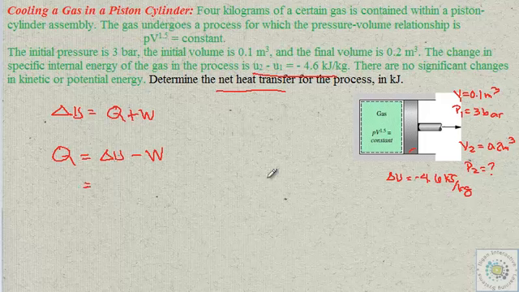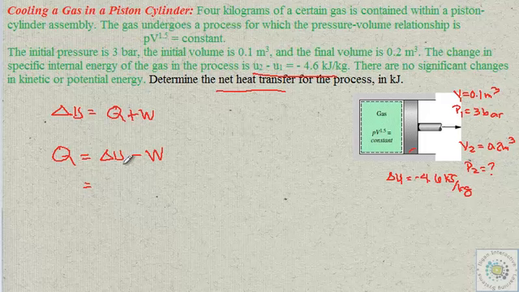Delta U here is given as negative 4.6 kilojoule per kilogram, which is specific, meaning per kilogram. If we're looking for the actual delta U, we'll just multiply by 4 kilograms.